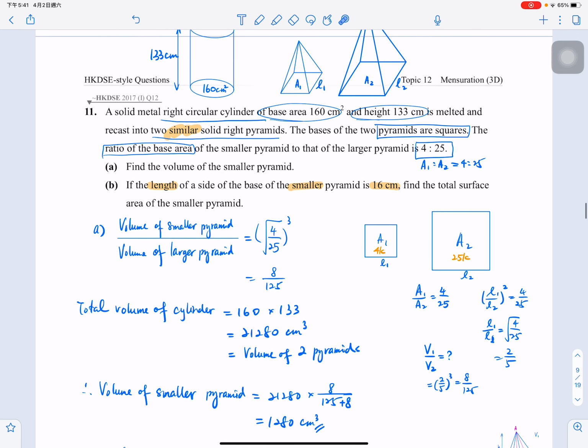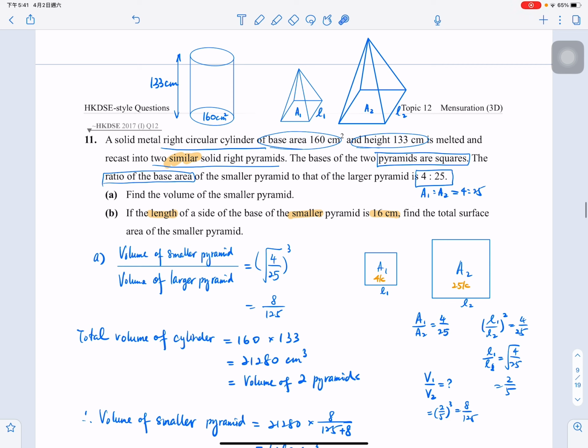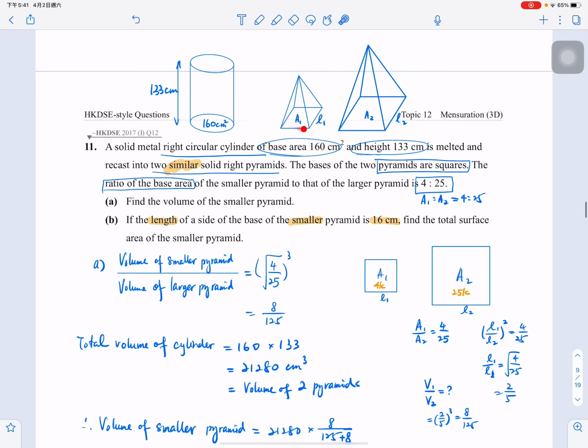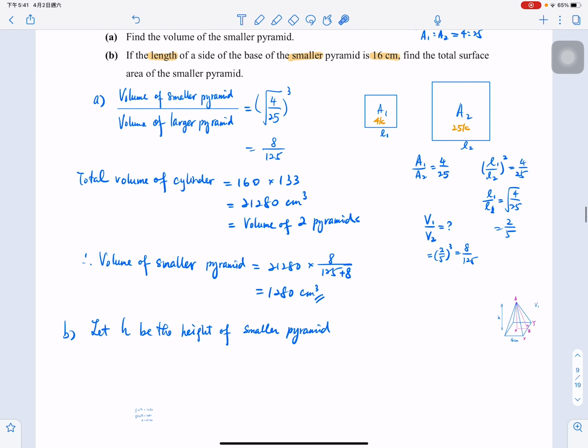How many faces do you need to find? Whether big one or smaller one, they have one base and 4 lateral faces, okay. And remember, each lateral face is an isosceles triangle. You need to find the area of an isosceles triangle.